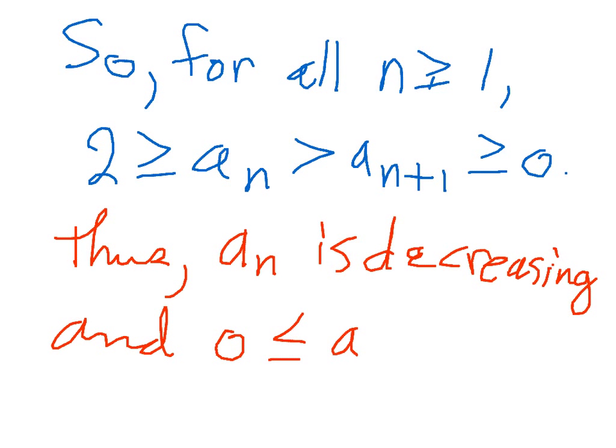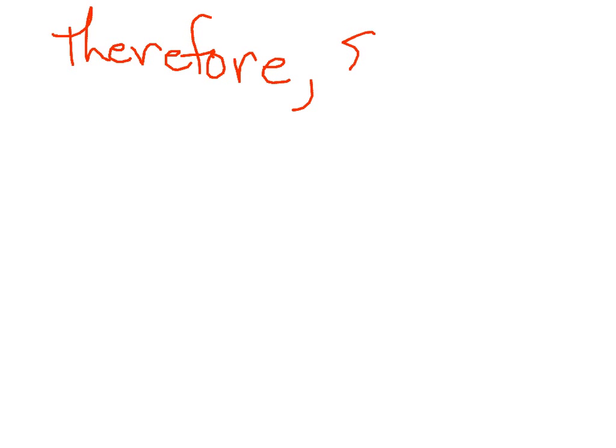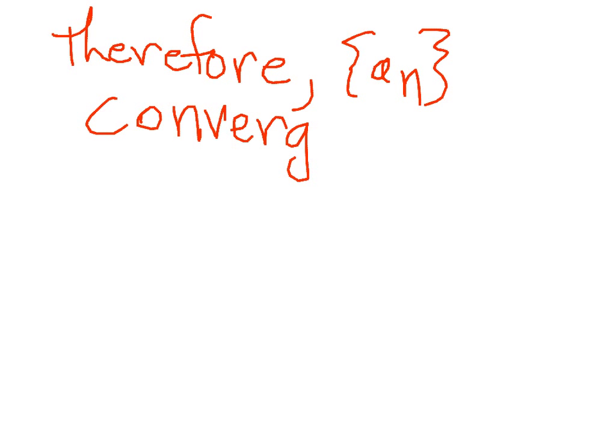So 0 is less than or equal to a sub n is less than or equal to 2. So of course, you know that the sequence has to converge. So that's great.